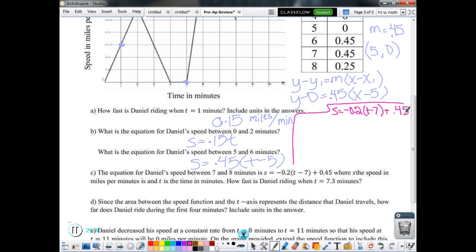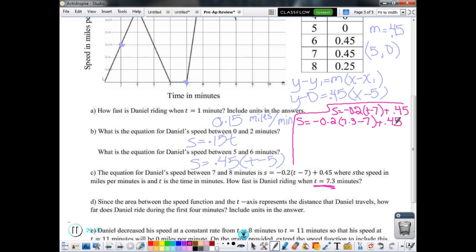And they say, what is the speed when t is 7.3? So where t is, I'm going to put 7.3. So s becomes negative 0.2 times 7.3 minus 7 plus 0.45.